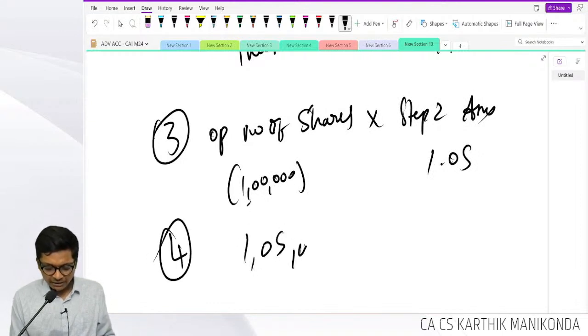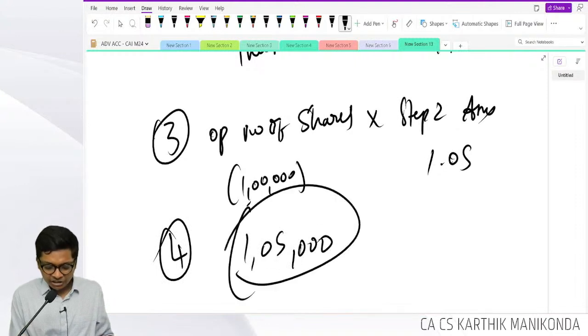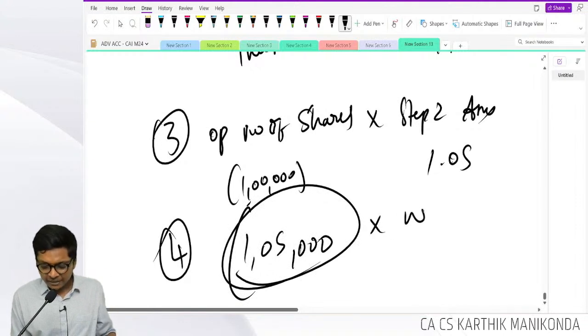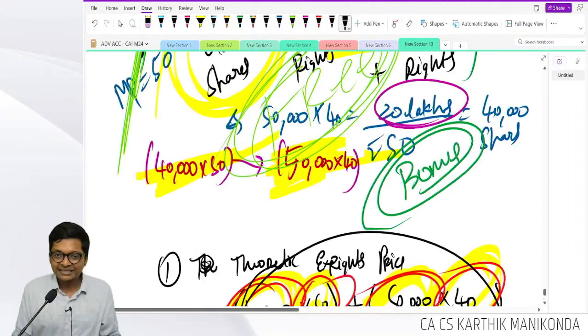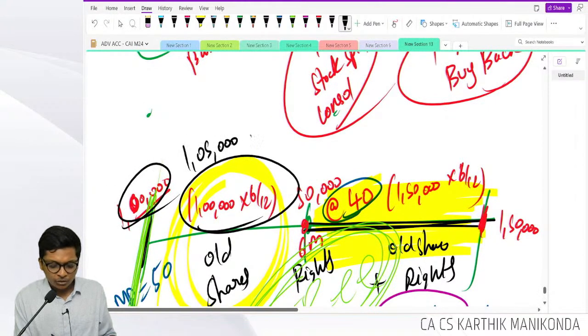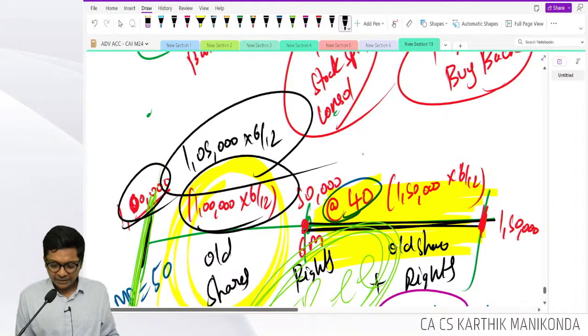You will get, let's say, 1.05 lakh shares, whatever, 1 lakh 5,000. This will be the shares after adjustment for rights. So on this, I will compute EPS. Instead of multiplying in our example 1 lakh into 6 by 12, I will do 1 lakh 5,000 into 6 by 12 and then finish the sum.